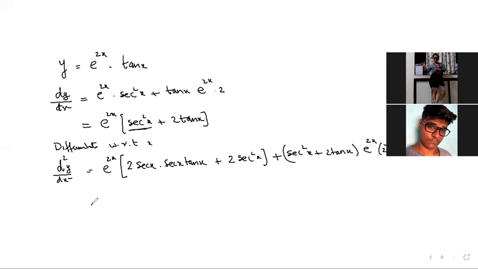Now first you take e raised to 2x common. 2 sec square x into tan x plus 2 sec square x plus 2 sec square x plus 2 tan x.